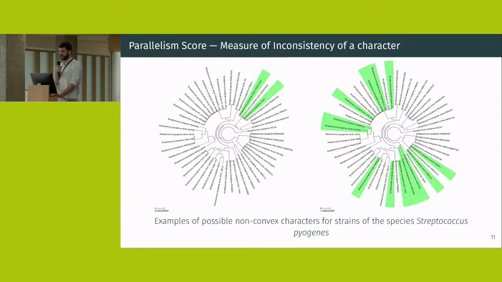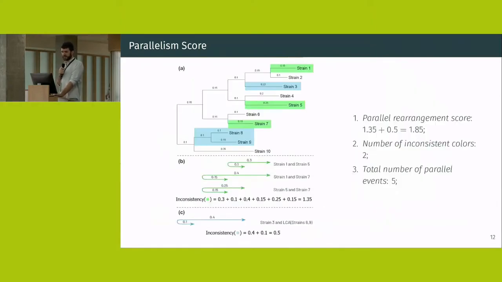And on the picture on the right, at the same time, this particular rearrangement which is shown here appeared several times in all the different places, and this seems to be more interesting. In order to take this into account, we provide a parallelism score for all our parallel rearrangements.